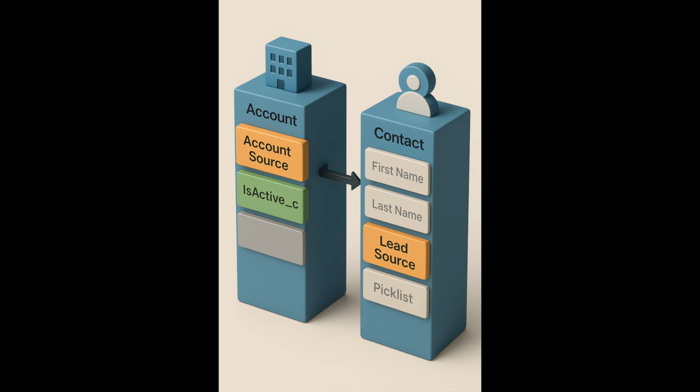From the contact object, we will use first name, last name, and lead source. Lead source is a picklist field that captures the origin of the lead. Guys, both the account source and lead source fields share the same set of values, and based on this selected lead source value, we will filter and display the account records along with other conditions also. This is the data model.